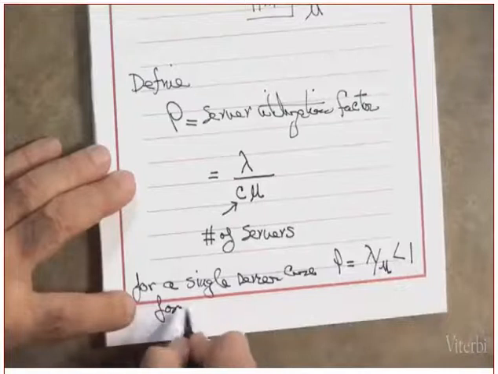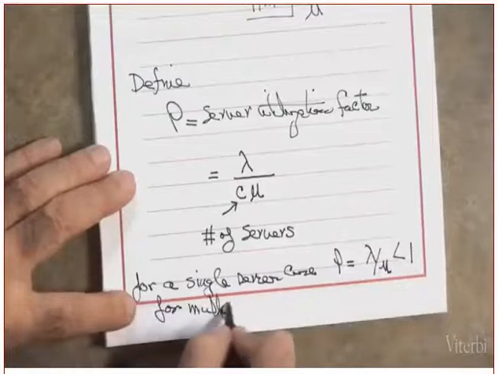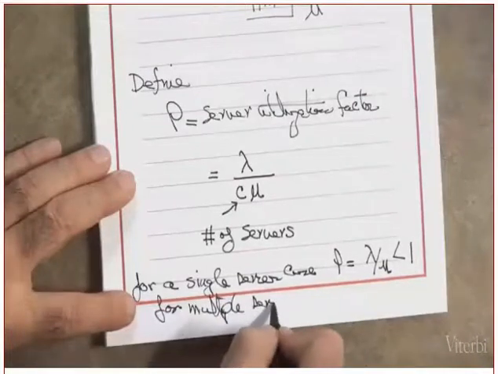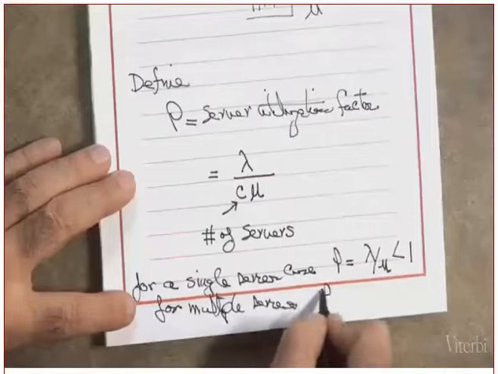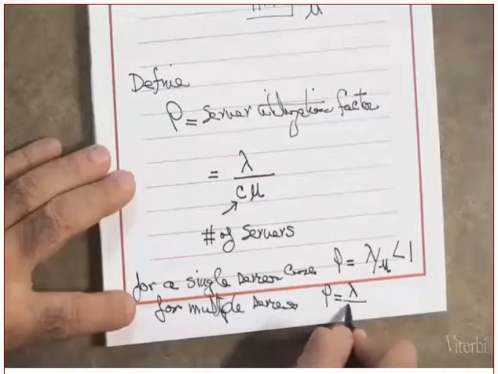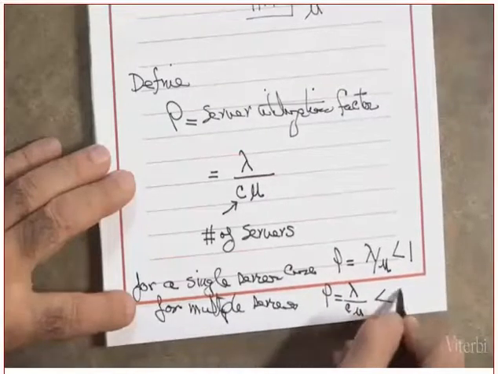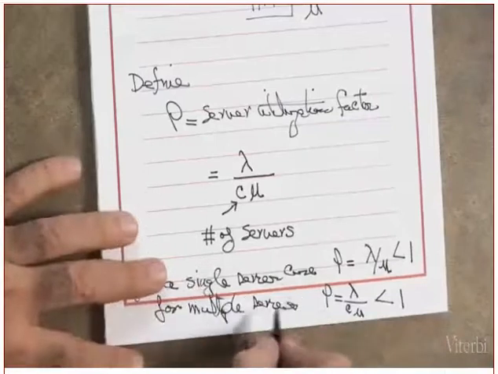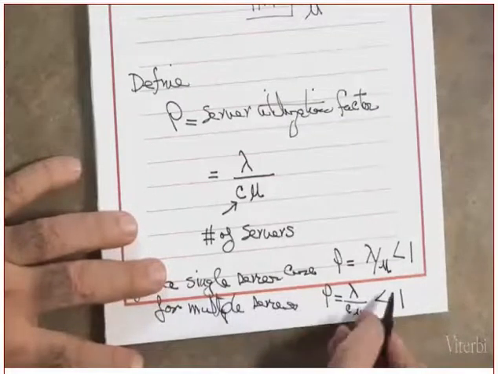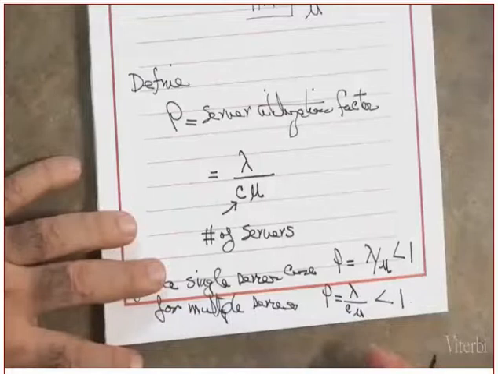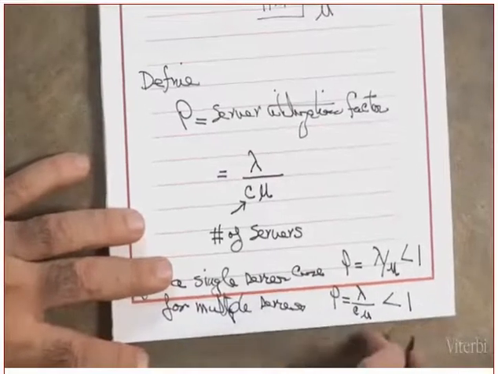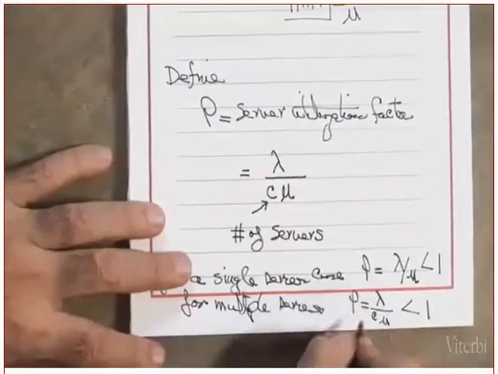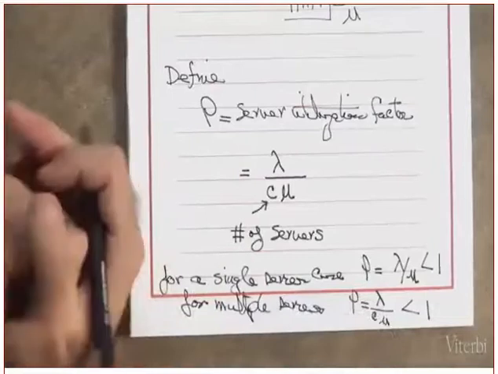For multiple servers, rho, which is lambda over C mu, has to be less than 1. In a multiple server case, does lambda over mu have to be less than 1?